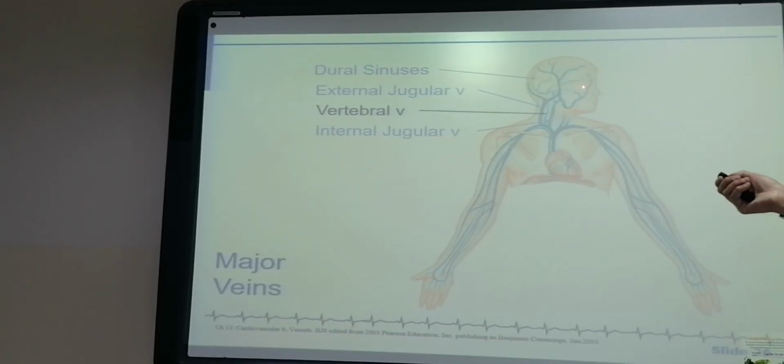So this is the blood returning from the brain. It returns through the external jugular vein, vertebral vein and internal jugular vein.